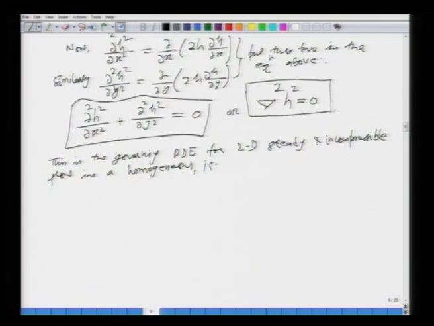Isotropic, isotropic means the k is same in all the directions, and unconfined aquifer under the Dupuit's assumptions. That is what this is.